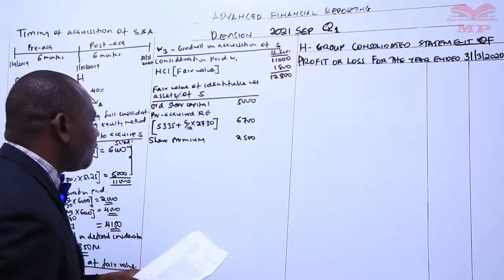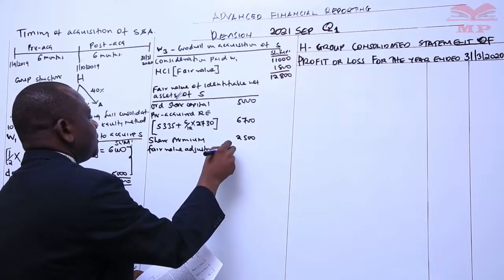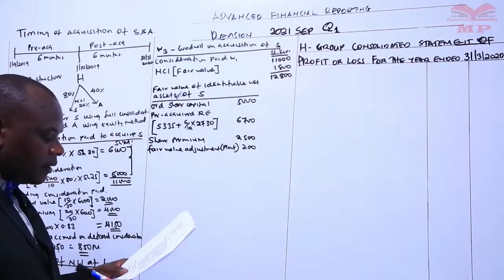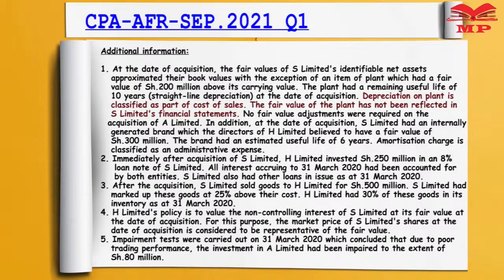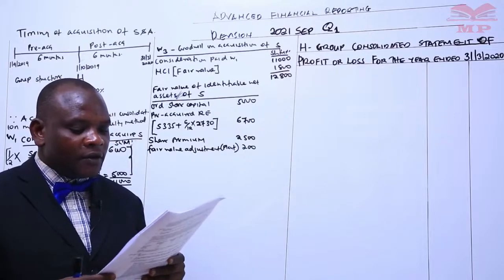So that is a fair value adjustment on plant, 200. Depreciation on plant is classified as part of cost of sales, so we have to depreciate, given the 10 years useful life. The fair value of the plant has not been reflected in S Limited's financial statements, so we have to reflect that fair value adjustment when consolidating.